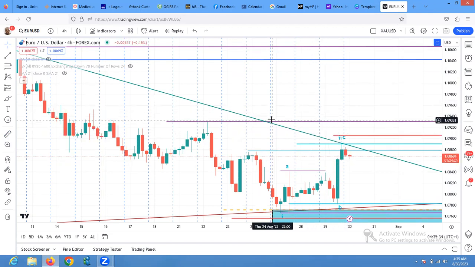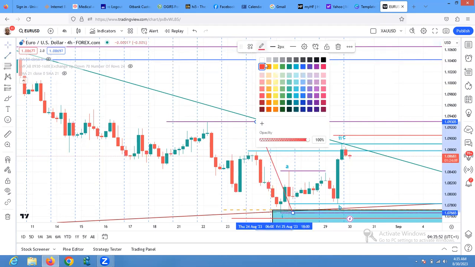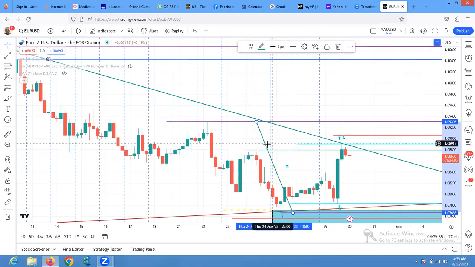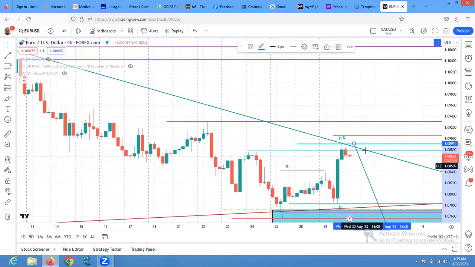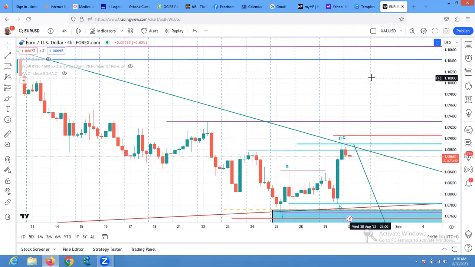And what we are saying is that if wave 1 started from here to that point, let's still use our green, it means that wave 3 cannot do anything less than this. At least it cannot do anything less than that.